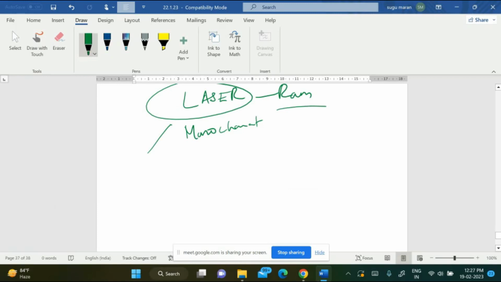The condition is that the molecule must have a change in polarizability during vibration. Polarizability is related to the induced dipole moment. Even a molecule which does not have a dipole moment can produce a dipole moment in an electric field. That is called the induced dipole moment.